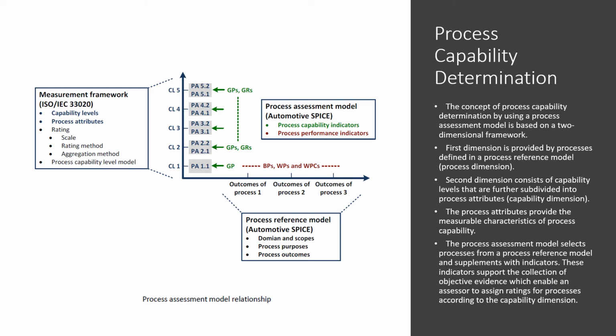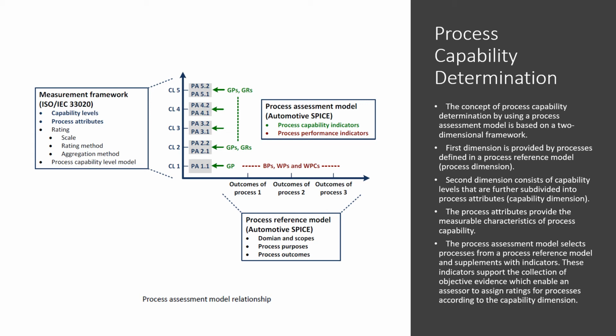So for process capability determination, this diagram particularly shows the relationship between the process assessment model, the process reference model, and the measurement framework. What is the difference, and what is the relationship between them? There is a graphical representation.